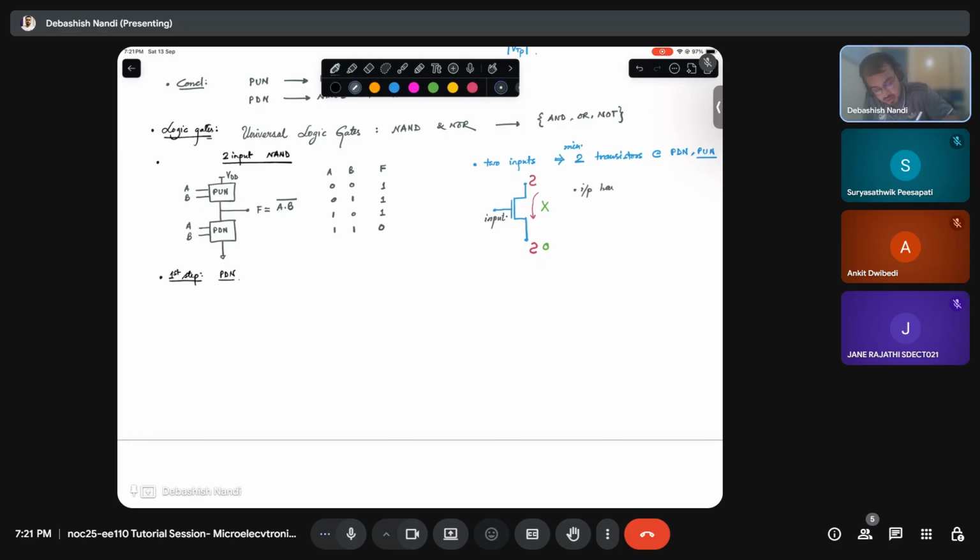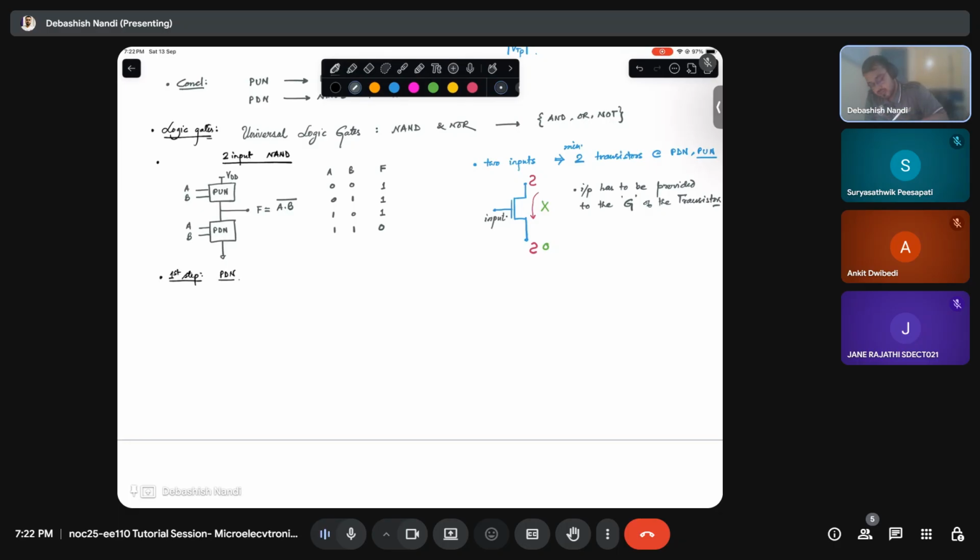Input has to be provided to the gate of the transistors. Okay. So that is why I need at least one gate for one input, or one transistor for one input.